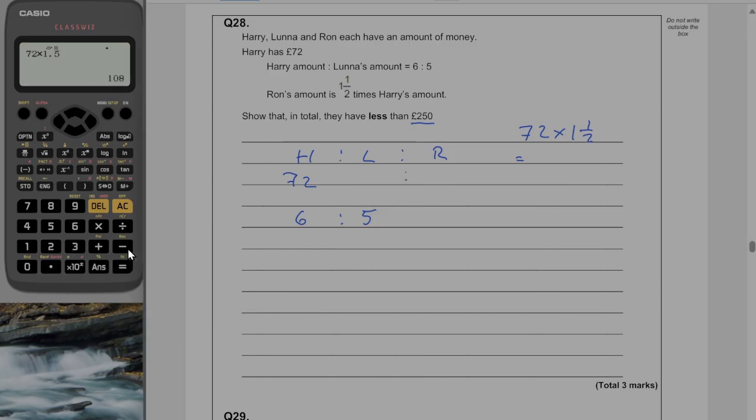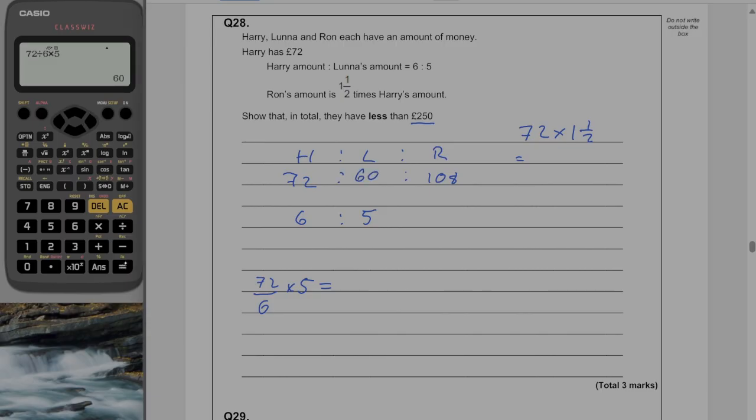So Ron's going to have 108 pounds, and then we can work out Luna's amount by taking Harry's amount, dividing it by 6, and then times by 5. So 72 divided by 6 times by 5 is 60.